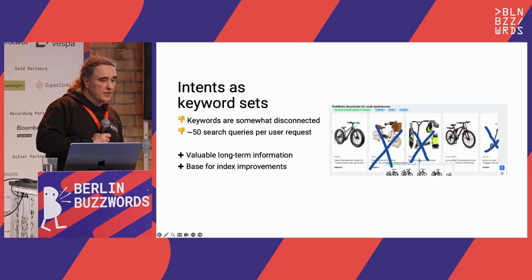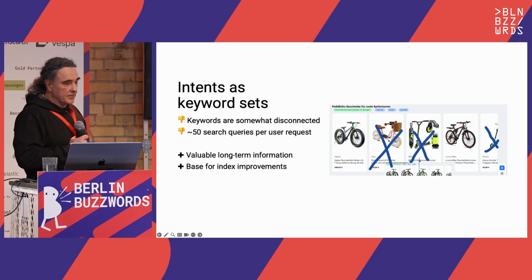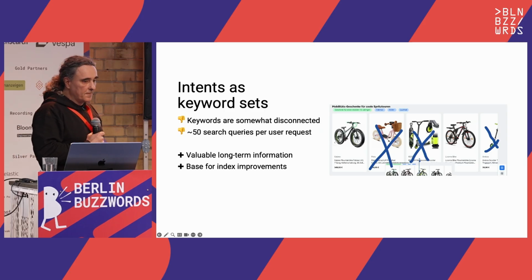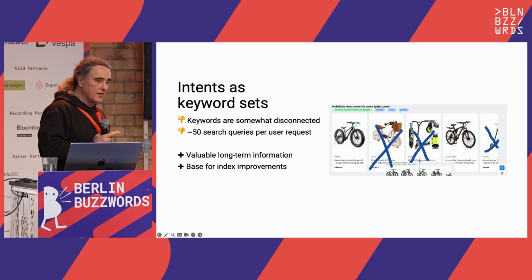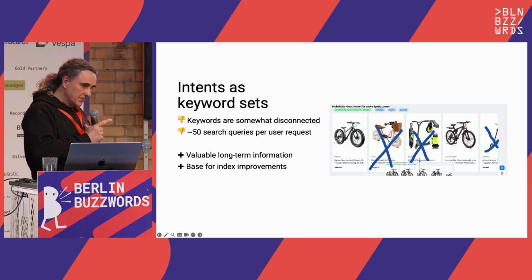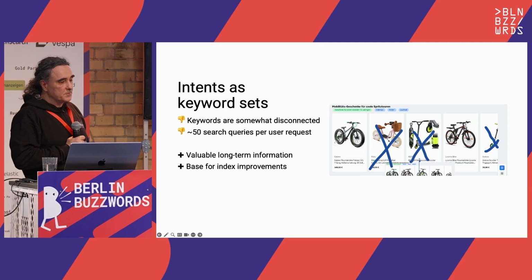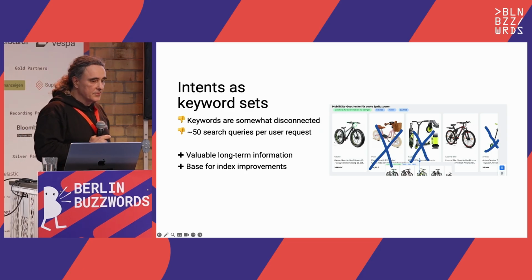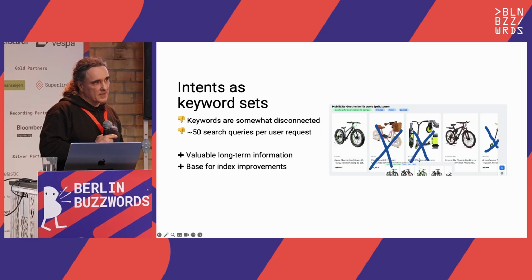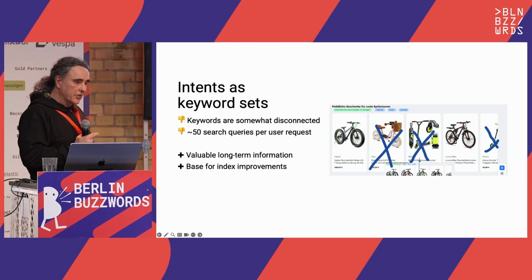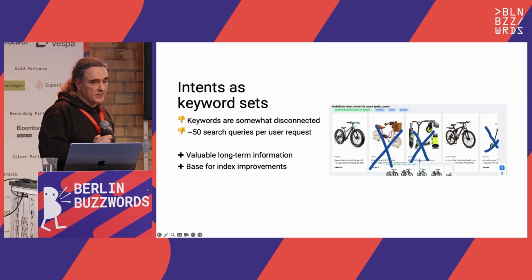So far, we still work with intents as keyword sets, and we already saw the problem with this longer mapping chain. Once we arrive at the end of the chain, at the keywords, the context of the original user query and also the derived intent gets somewhat lost.